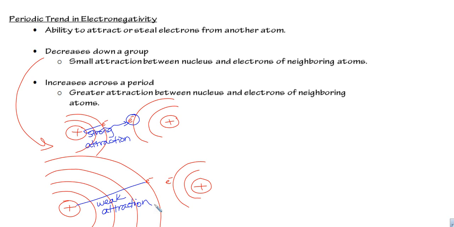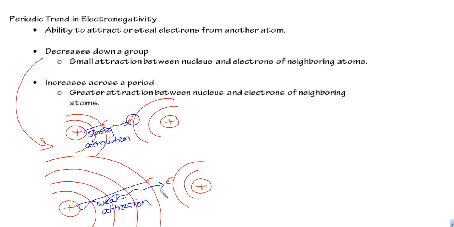So if this big guy is having trouble holding on to his own electron, the chance that he's going to attract neighboring electrons is probably pretty slim. So as you go down a group and the radius increases, you get a smaller attraction between the nucleus and the electrons within the atom, and then also amongst neighboring atoms.